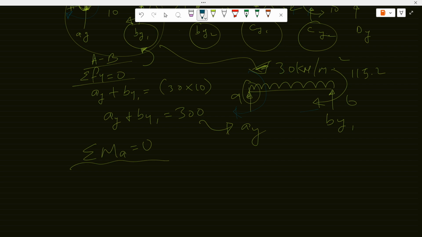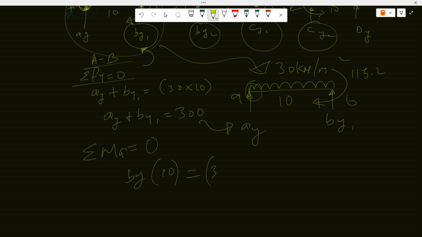But basically in exams, I still use the same anti-clockwise, clockwise, but I don't think of it in those terms. I just use my imagination. I just say, okay, if this is a ball, BY1 rotates it in that particular direction times 10, and BY1 is the only one in that direction.